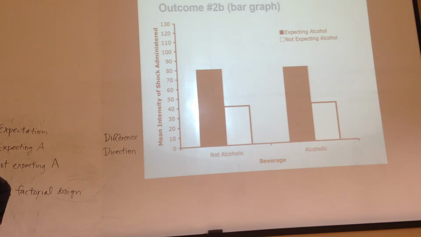If I took the two black bars and mushed them together into a blob, would that be a different size than the white bars mushed together into a blob? It would be twice as big, right? That's the main effect of expectation again, right? The people who are expecting alcohol shock twice as much as people who are not expecting alcohol. It's the blame it on the alcohol condition.